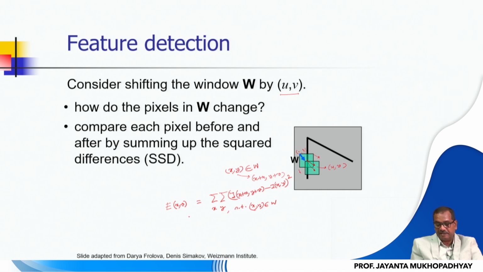So we consider E(u,v) as the respective error. This is the definition, this is the error term. Because of the change of uv, we get E(u,v), and what we require is that this change should be significant in all uv.